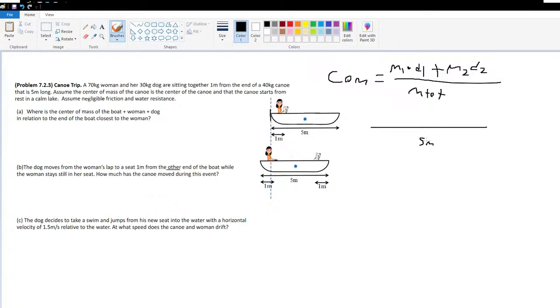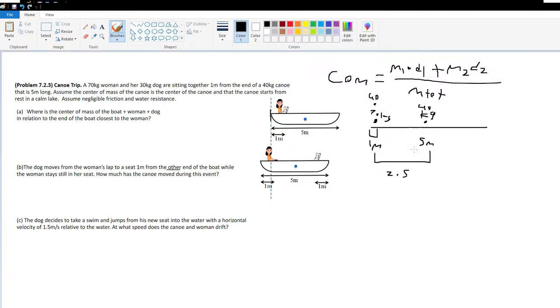In our first scenario, we have the woman here, our M1, so 70 kilograms. And then we also have the dog on top of it, which is another 40. And this distance is 1 meter. And then right smack dab in the middle at 2.5 meters, everything's drawn to scale here, as you can see, we got our 40 kilogram canoe, which is where the center of mass is.